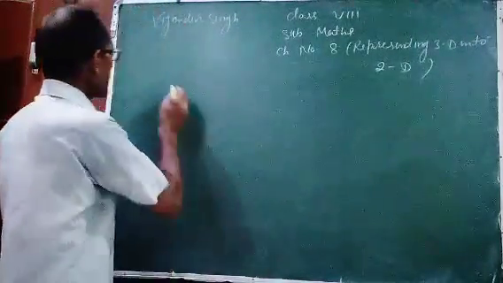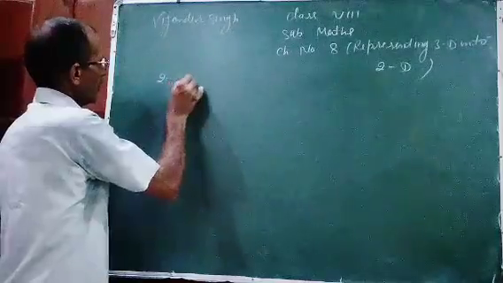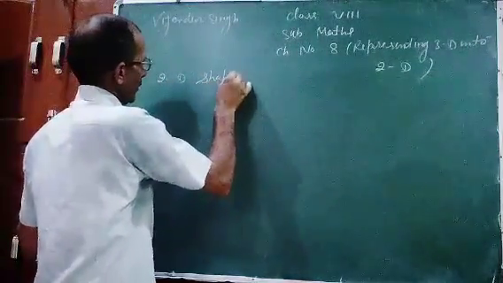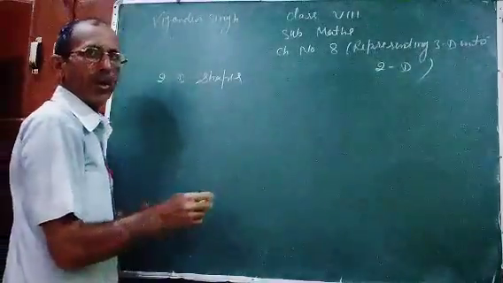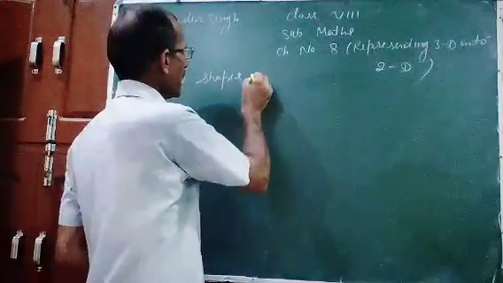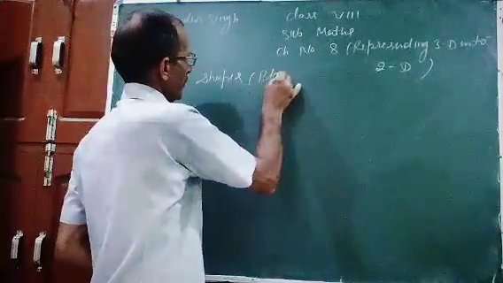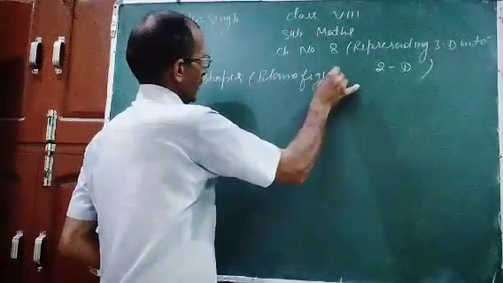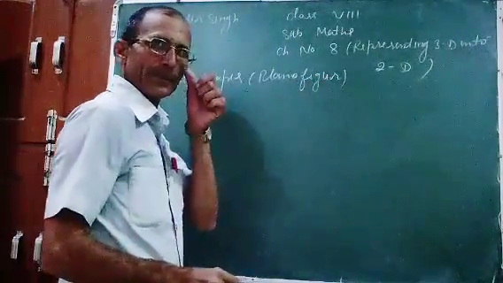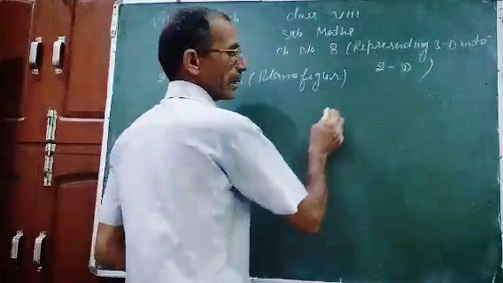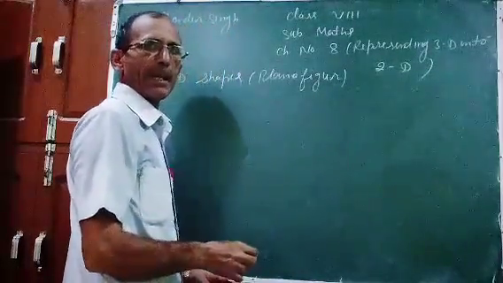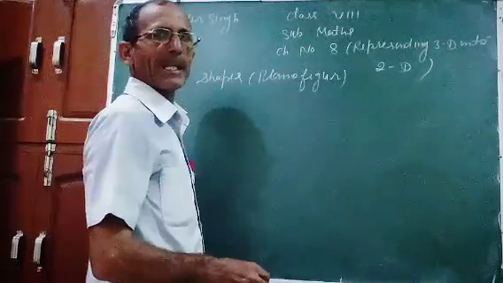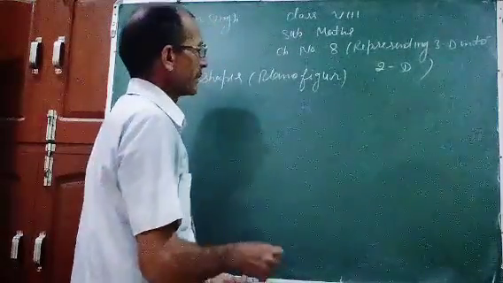So, 2D shapes or plane figure. The figures, the shapes which are lying in the plane are called 2D shapes.